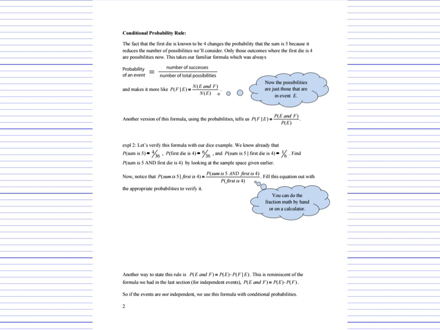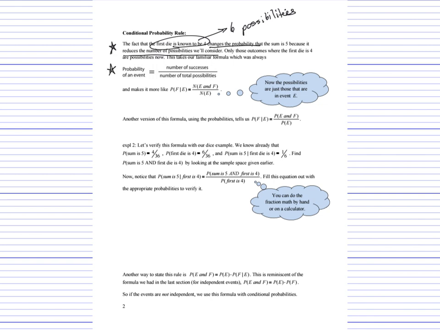All right, so what we were noticing there is that the first die being 4 changes the probability that the sum is 5, right? Because it essentially reduces the number of possibilities that we'll consider. There were not 36 possibilities anymore. If I assume the first die is 4, that means there's basically only 6 possibilities, right?